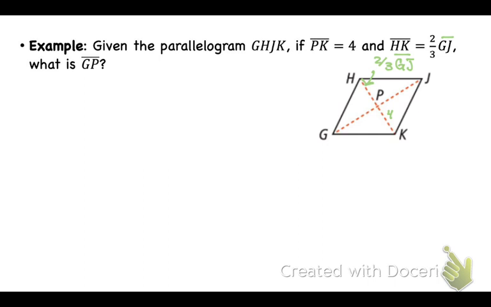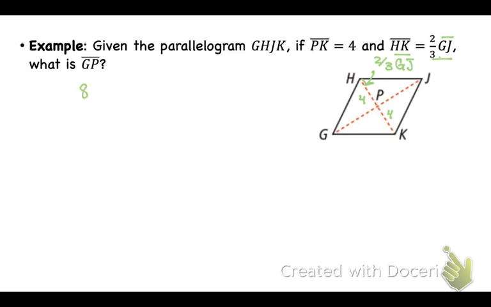Well, what do we know? We know HK is 8 because HP is 4, right? So it also tells me that HK is 2/3 GJ, doesn't it?